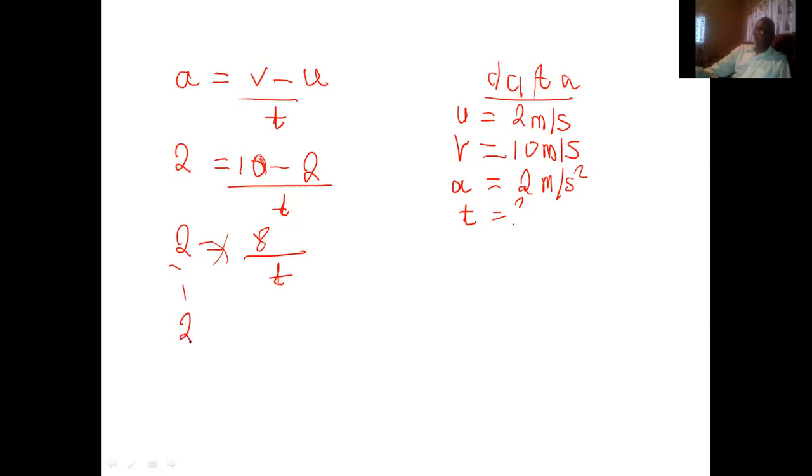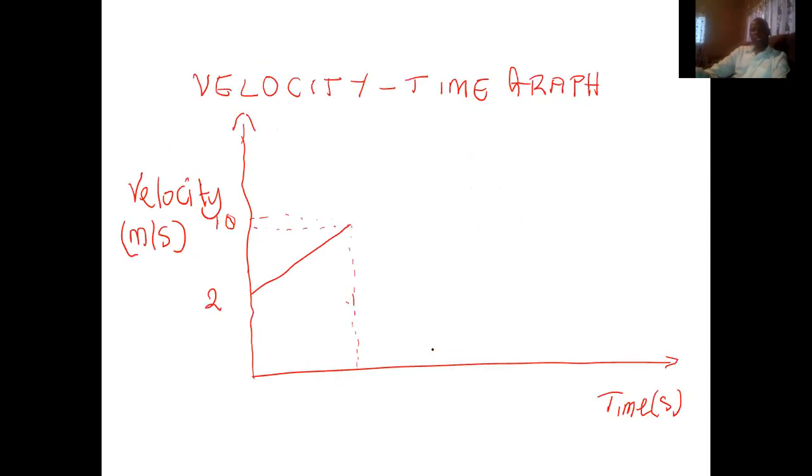So 2 times t is equal to 8 multiplied by 1. Therefore t is equal to 8 divided by 2, which is equal to 4 seconds. We can now put our time there, that this is 4 seconds.